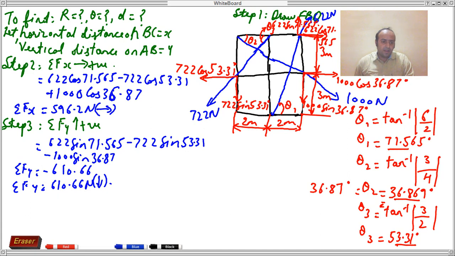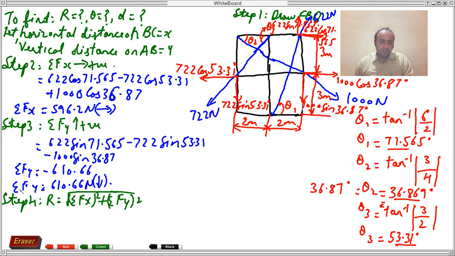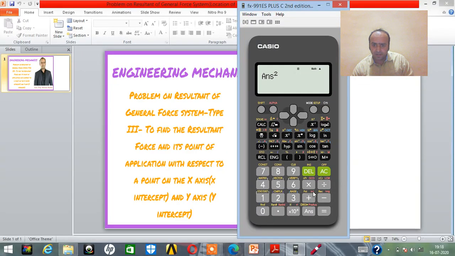Now step number 4, it will be the calculation of R. Step 4, R is equal to root of summation of Fx square plus Fy square. Friends, as you all can see, the values are there in front of us. So therefore, R is equal to, how do I write it directly, is nothing but squaring this term summation Fy plus 596.2 square of it, whatever the value comes out to, square root of that answer, 853.44.